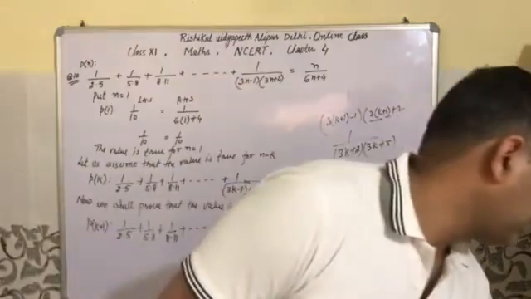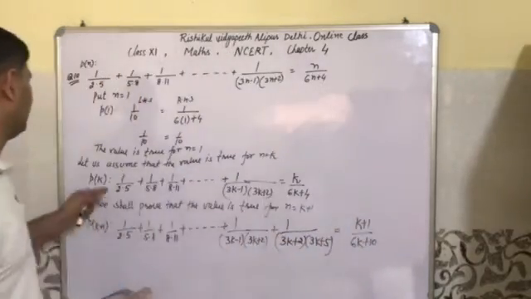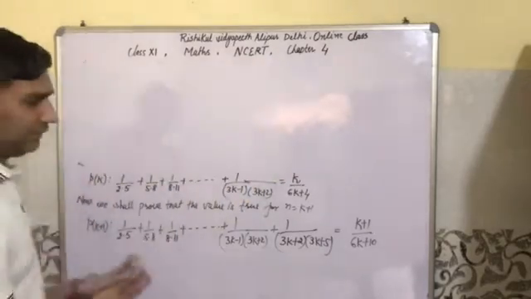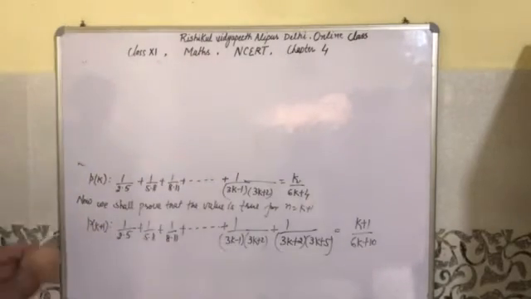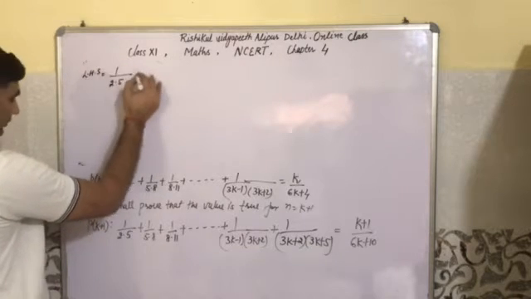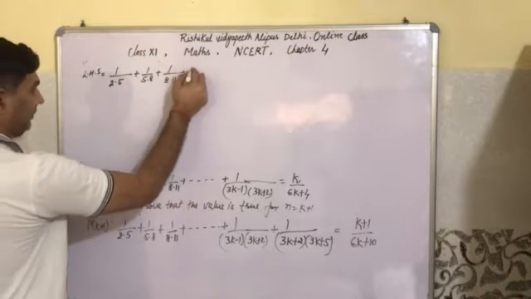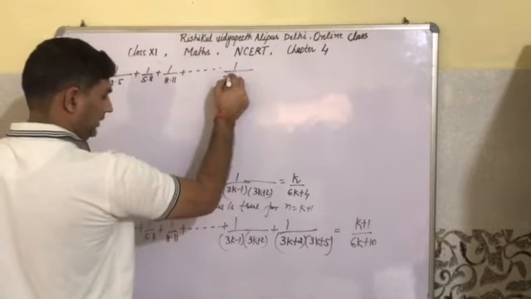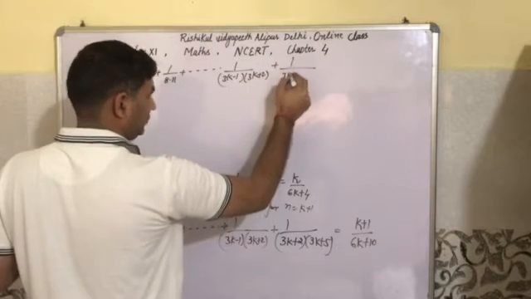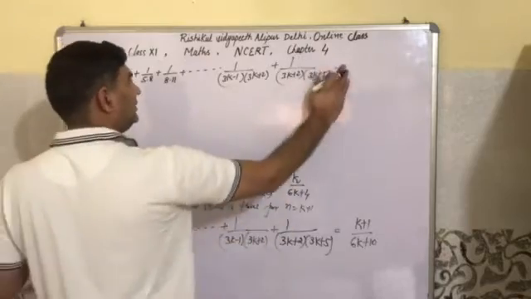Now we will prove that the left hand side equals the right hand side, using this P(k) term. We know the left hand side is 1/(2·5) + 1/(5·8) + 1/(8·11) and so on up to 1/((3k−1)(3k+2)) + 1/((3k+2)(3k+5)).